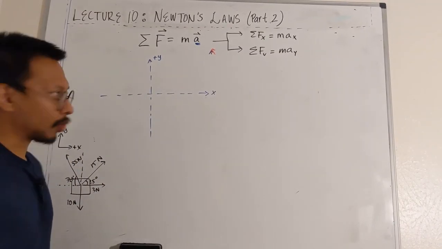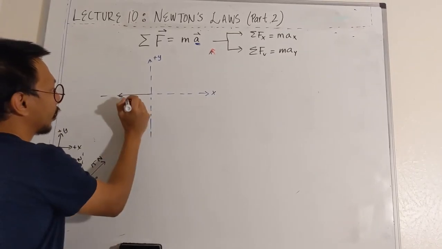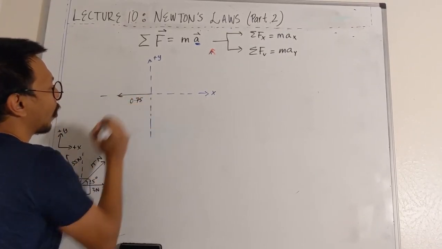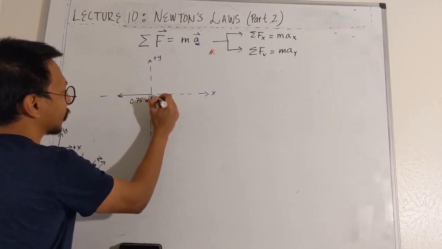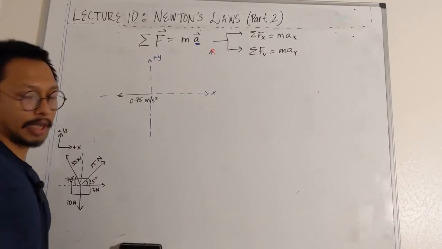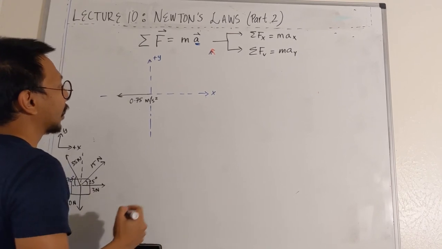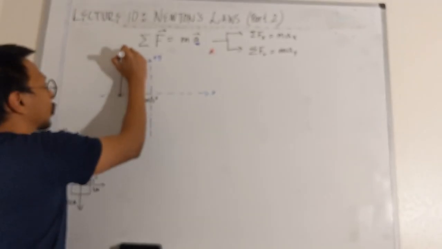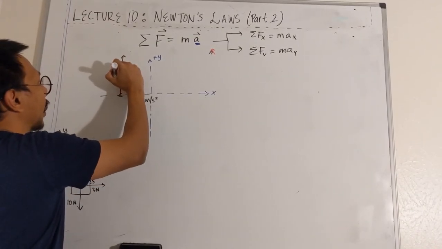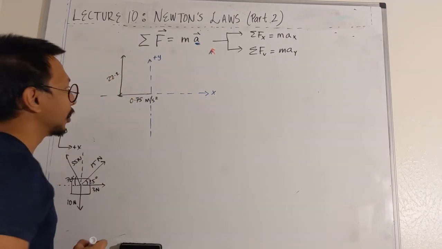That means we had the acceleration x component going along this direction, with a magnitude of 0.75 meters per second squared. Okay, so the direction is to the left, while the magnitude of the x component of acceleration is 0.75 meters per second squared, and the y component was 22.2 and positive. Okay, so going upward with a magnitude of 22.2 meters per second squared.